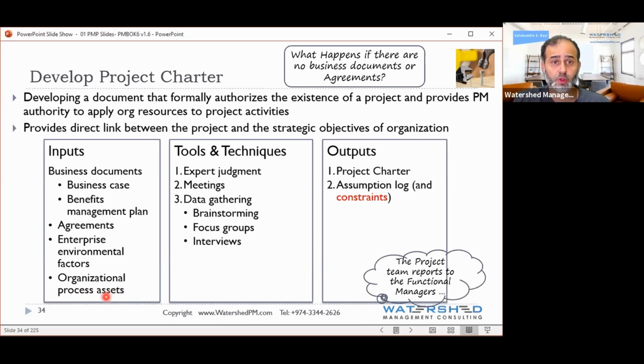Those are assets to the company. The company owns them. So that's your asset. So which means, what is an enterprise environmental factor then? Check your notes.